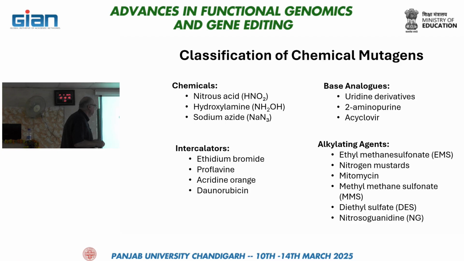Base analogs like uridine derivatives, and actually even Zofia told you in one lecture, the first lecture, to use bromo-U, don't you remember? To see the incorporation of bromo-U during transcription, as a kind of identification of newly synthesized transcript. So I will say a little bit about it as well. And some regular, simple chemicals that will change bases. I will tell you some examples as well.